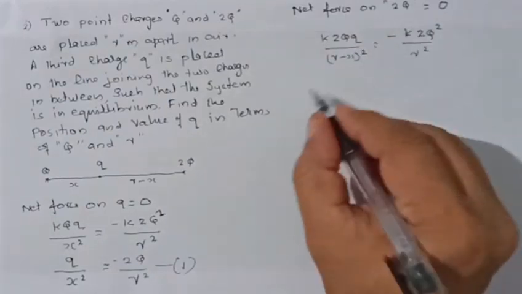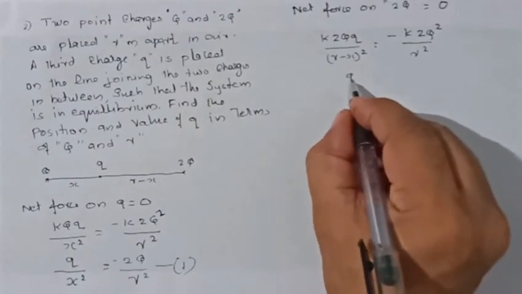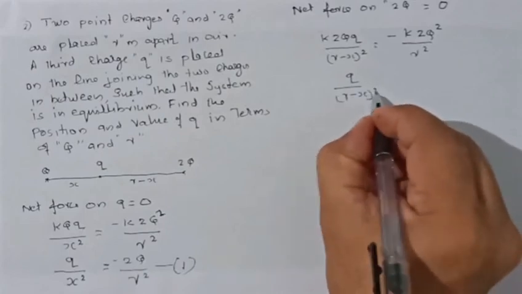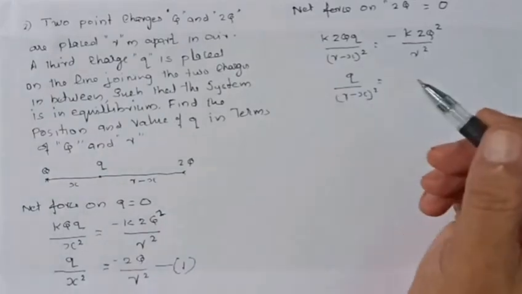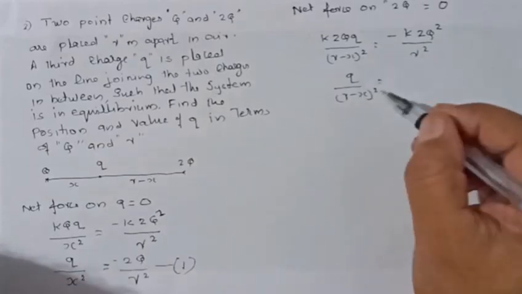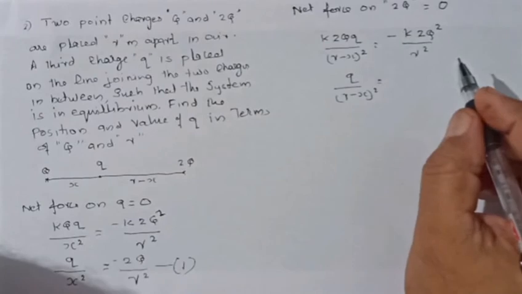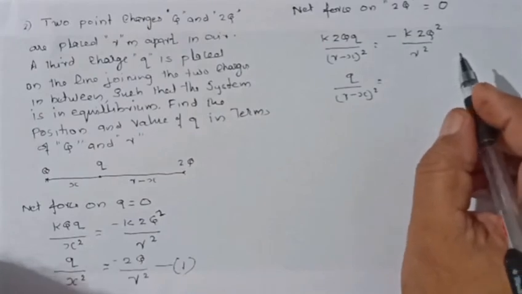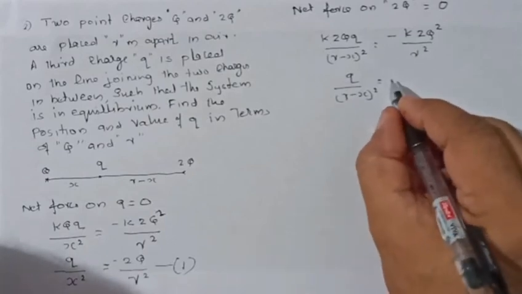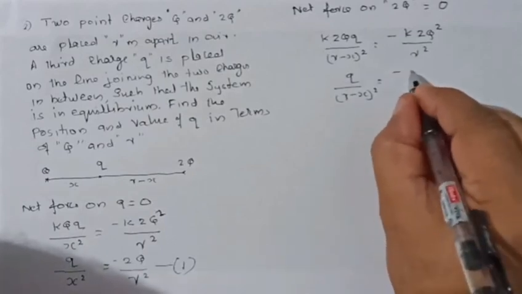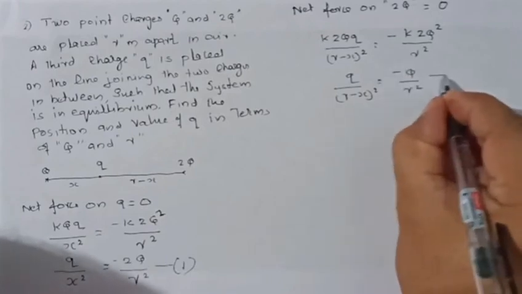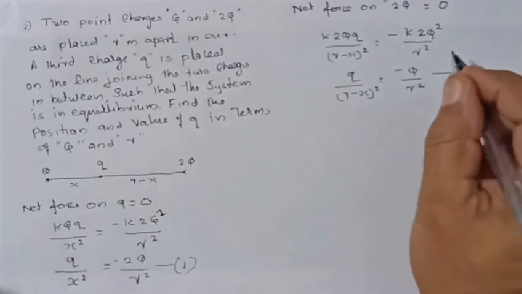If you again simplify by removing the common factors, you will get small q upon r minus x whole square is equal to minus capital Q upon r square. Let's put it as equation number 2.